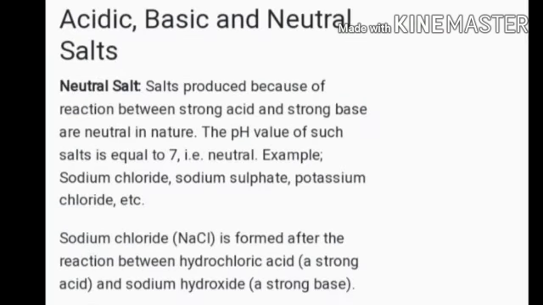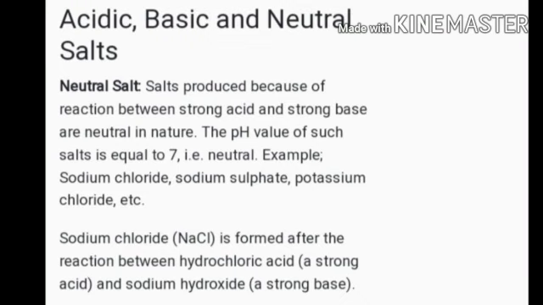Salts can be categorized as acidic, basic, and neutral salts. What are neutral salts? Salts produced because of a reaction between a strong acid and a strong base are neutral in nature. The pH of such a salt is 7.